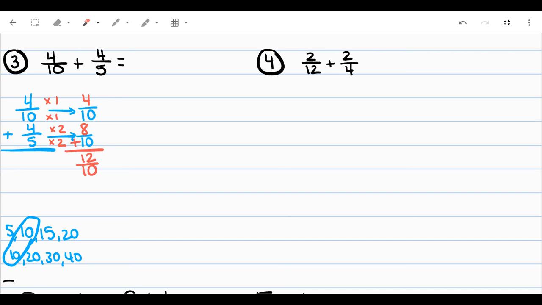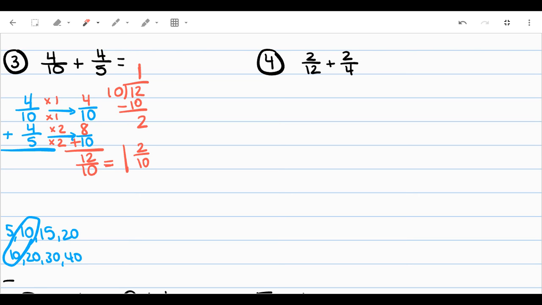Now again, we have an improper fraction. So I'm going to do my division. 12 divided by 10. 10 goes into 12 one time, and 1 times 10 is 10. When I subtract, I get a remainder of 2. That means that my fraction of 12 tenths is the same as saying 1 and 2 tenths.